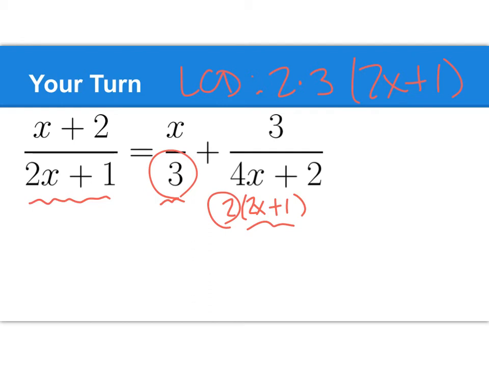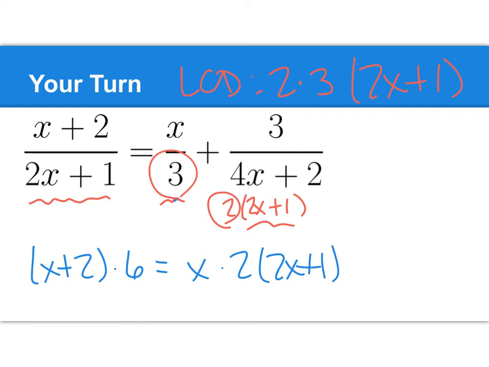So let's go through these one at a time. The x plus 2, the only thing missing from the least common denominator were the 2 and the 3, so I'm just going to go ahead and say we're multiplying by 6. X over 3, we need a 2. We also will need the 2x plus 1.